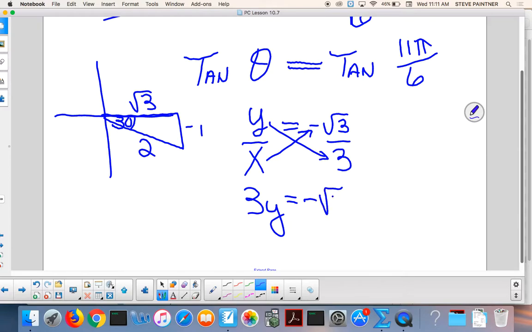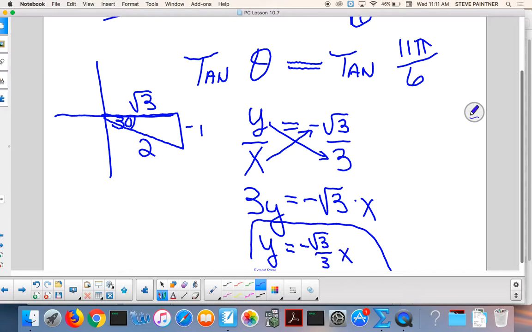Well, that would be this. And then y equals what? Negative square root of 3 over 3 x. It's a line. What's the slope in this line, by the way? Yeah, negative square root of 3 over 3, exactly.